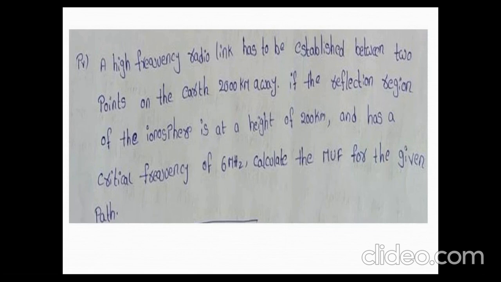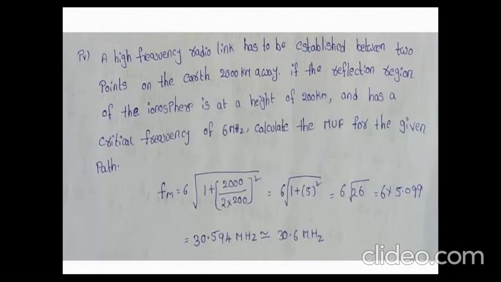Okay, let's discuss the answer. Fm is Fc into square root of 1 plus (d by 2h) whole square, where d is given as 2000 kilometers. Substitute directly without 10 power 3.